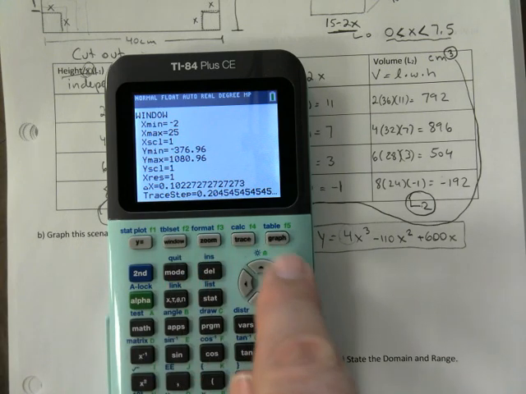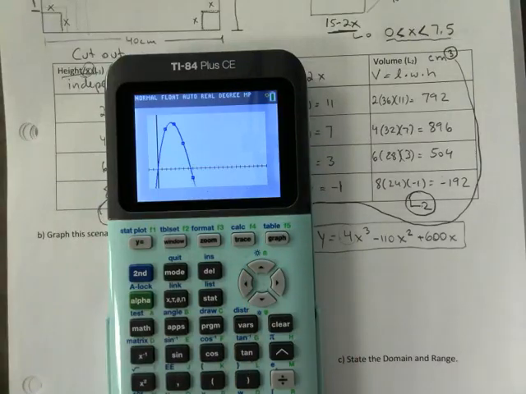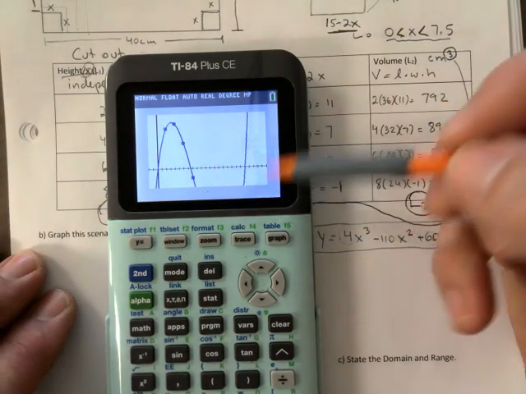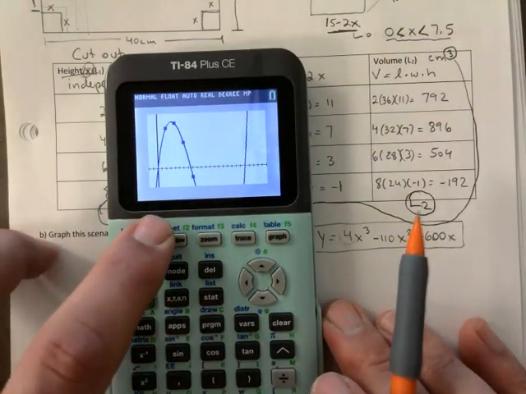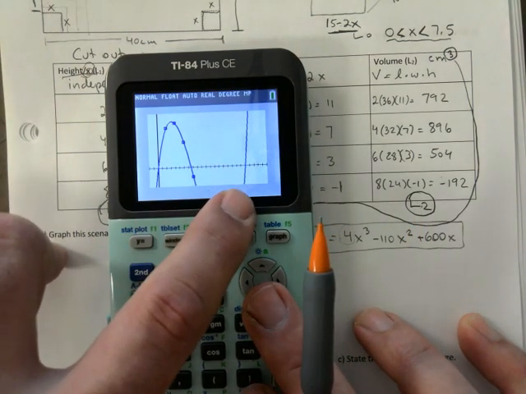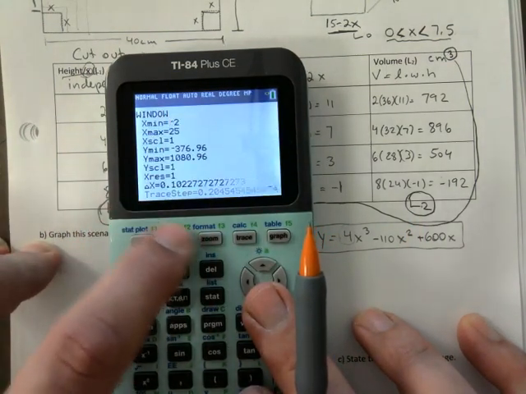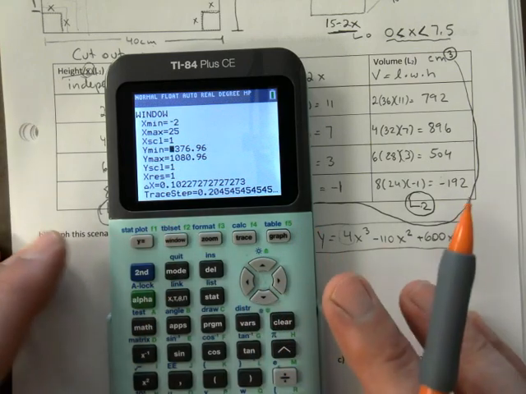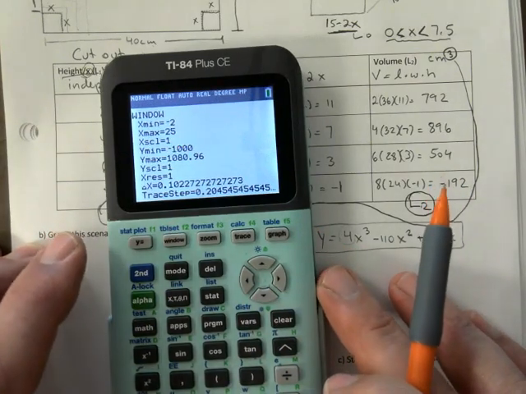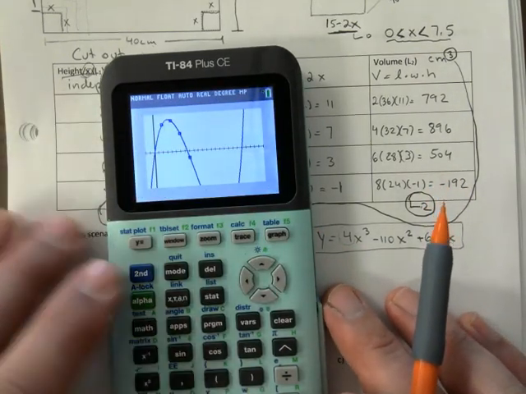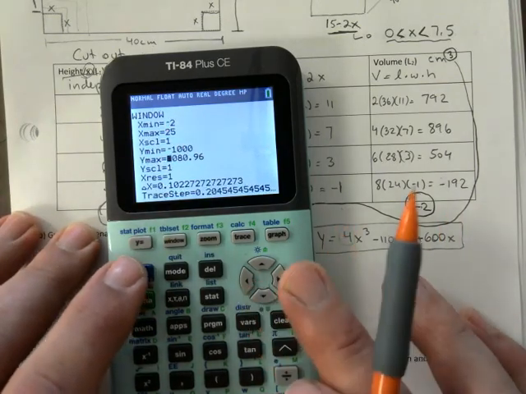Let's see here. If I try this, there's your cubic regression. I'm actually going to decrease my Y min a bit yet. I'm going to go -1,000 maybe. Oh, still not. -2,000.